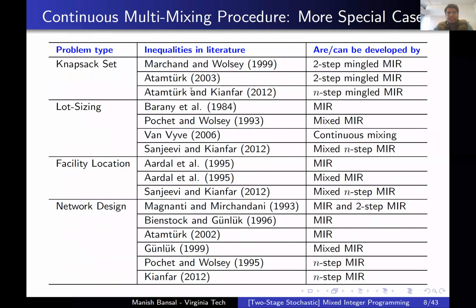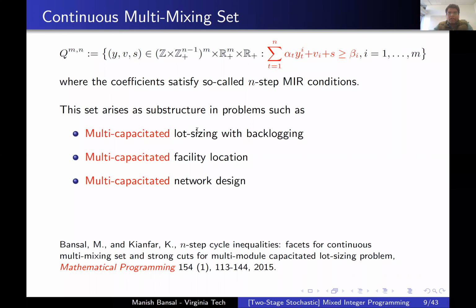And again, the significance is because for the problems in this table, for all these problems in this column, the various inequalities derived in the literature can also be developed by using the continuous multi-mixing cut generation procedure that I will discuss. So like I mentioned, here is the continuous multi-mixing set, which I'm denoting by QMN, where m denotes the number of constraints and n denotes the number of integer variables in each constraint.